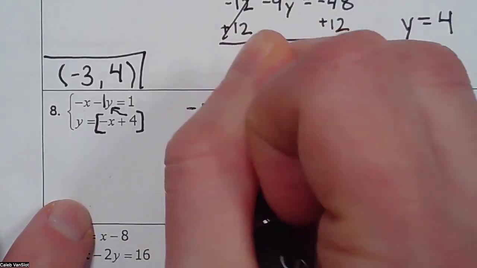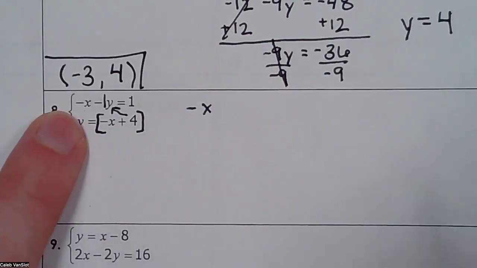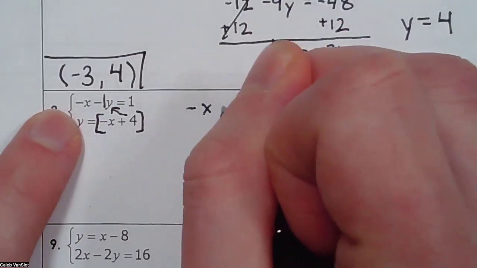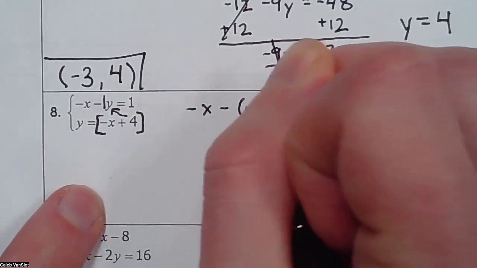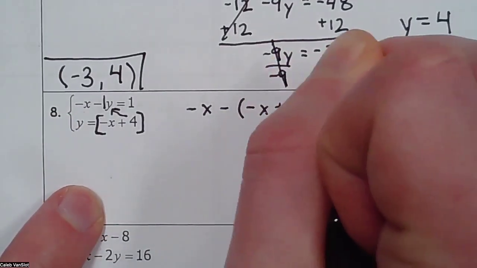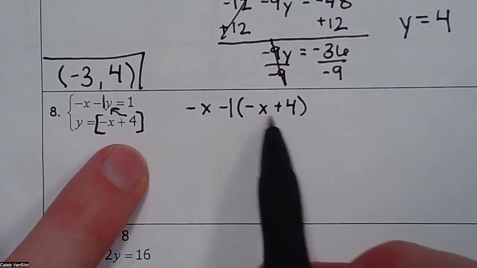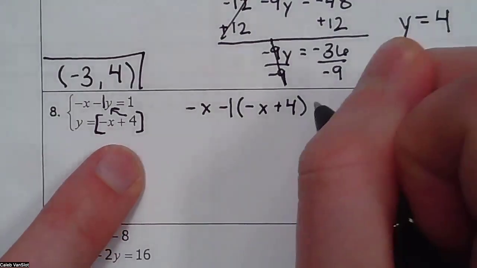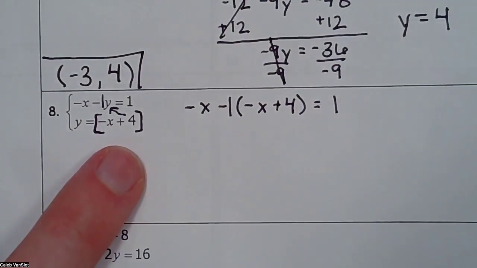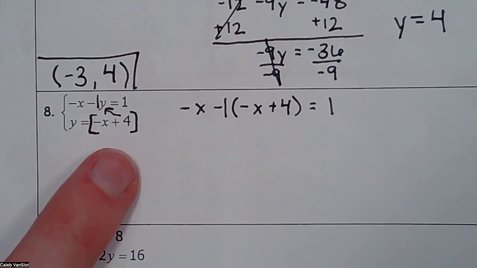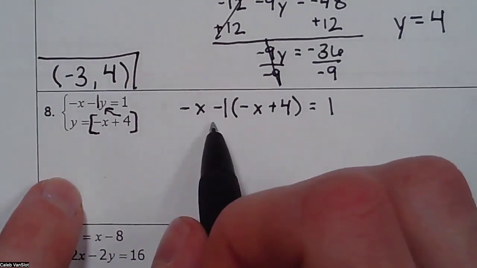Let's rewrite it out. This top equation, now that we've substituted it in, we've got negative x minus negative x plus 4, right? That's what I just substituted in. The negative x plus 4 equals 1. Okay, so again, don't just drop that negative.